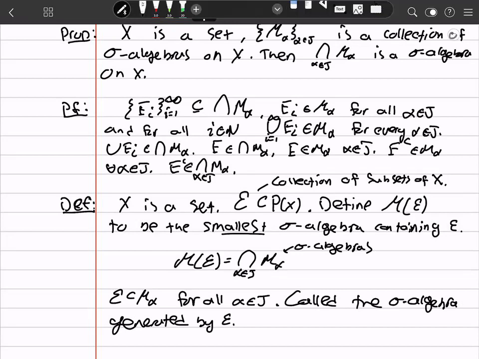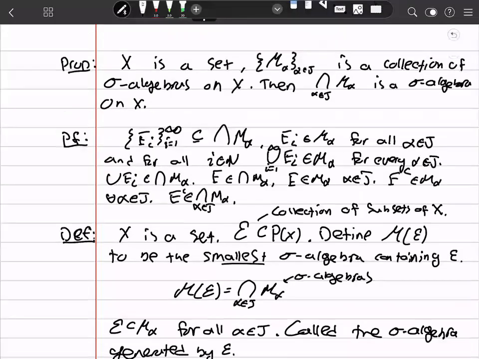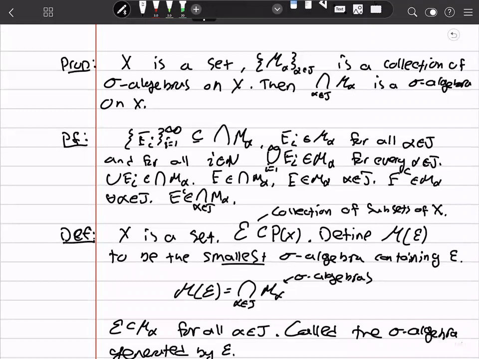And how do we obtain the smallest sigma algebra that contains it? Well, we look at all sigma algebras that contain it and then take their intersection. Intersecting all of those sigma algebras gives us a sigma algebra, like we proved up here, and that will contain E and be the smallest sigma algebra that contains E.